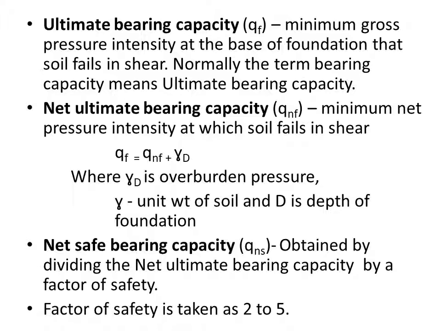Net ultimate bearing capacity, represented as QNF, is the minimum net pressure intensity at which soil fails in shear. QF is equal to QNF plus gamma D, where gamma D is overburden pressure, gamma is the unit weight of soil, and D is the depth of foundation.